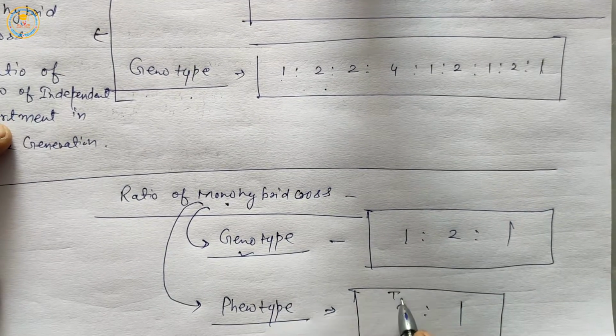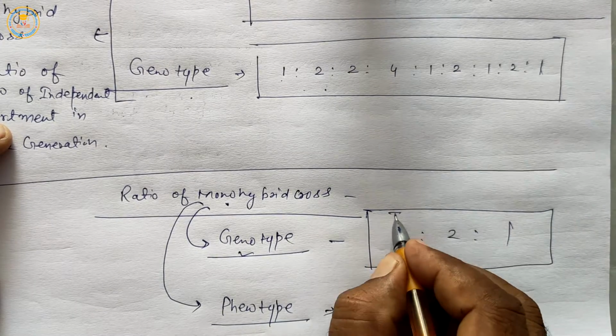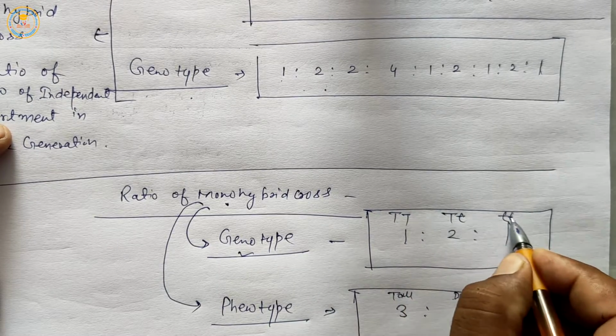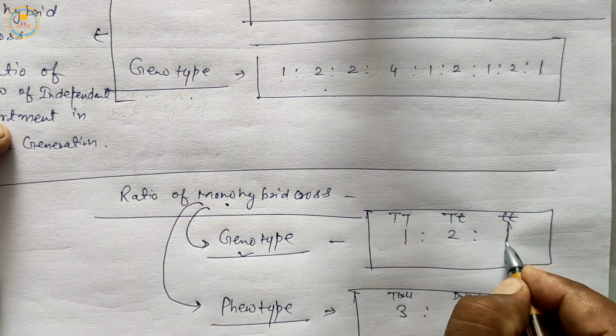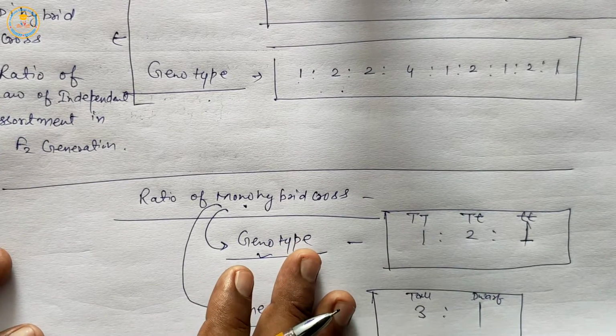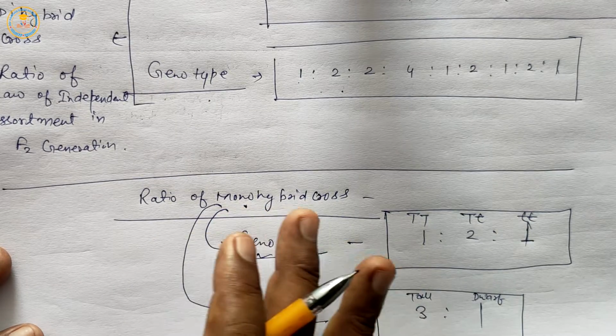This is tall, this is dwarf, this is capital T, capital T, small t, small t. It means this ratio is related to the monohybrid cross or law of segregation.